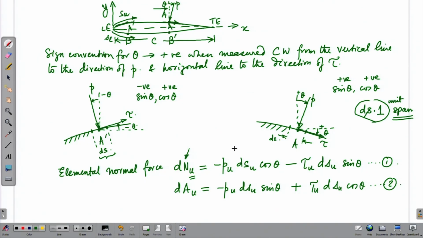Let us give them some names for convenience. We will call this as NUP, that means the normal force on upper surface due to pressure, normal force upper surface due to shear stress, and the two terms in the axial force as AUP and AU tau.